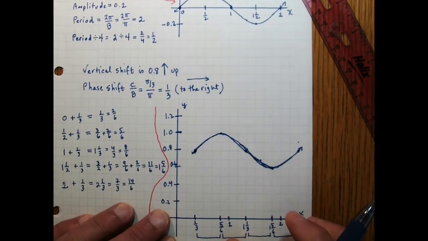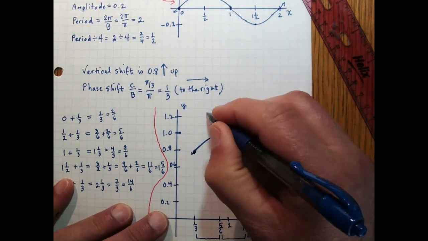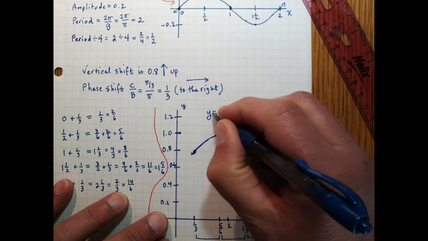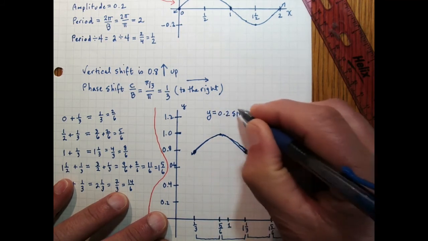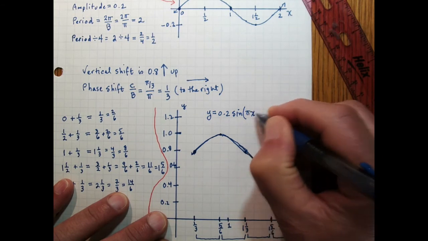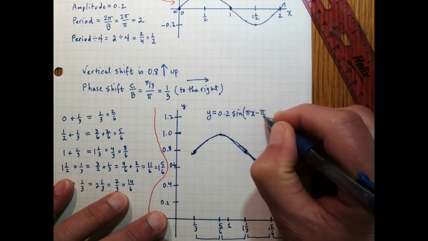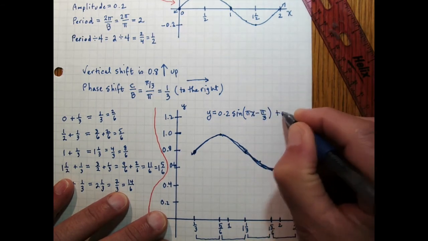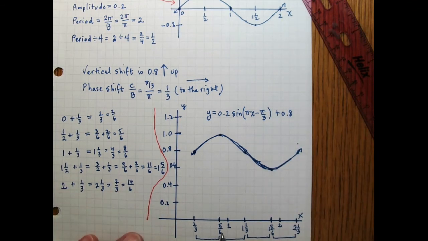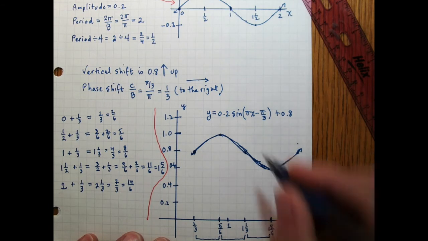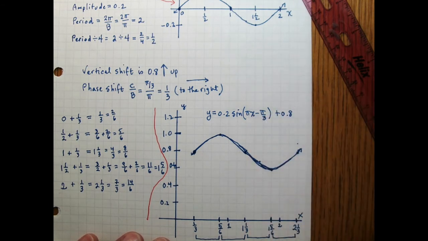My final graph of, I want to recopy the equation here, y equals 0.2 sine of pi x minus pi over 3 plus 0.8. Notice there are no pi's labeled on the x-axis, even though there are pi's in the formula.